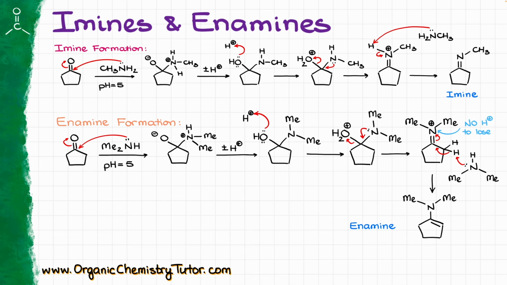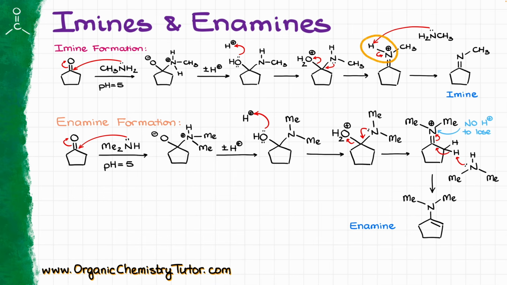From the mechanistic perspective, both reactions are extremely similar to each other. We are going to start with a nucleophilic attack on our carbonyl, and the only difference is going to be at the very last step. In the case of the imine formation, we are going to have a proton sitting on our nitrogen, so we'll be able to deprotonate a positively charged nitrogen and stabilize the molecule this way.